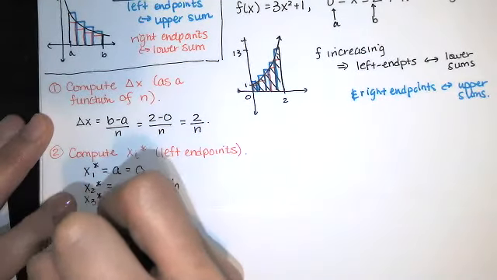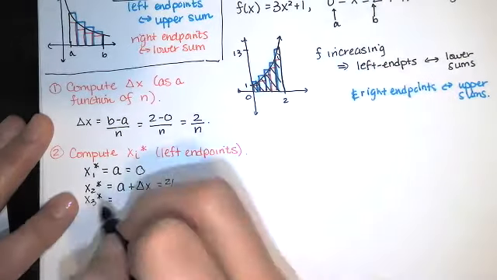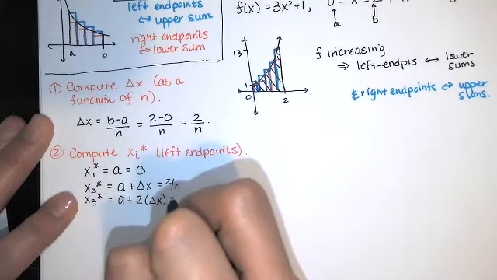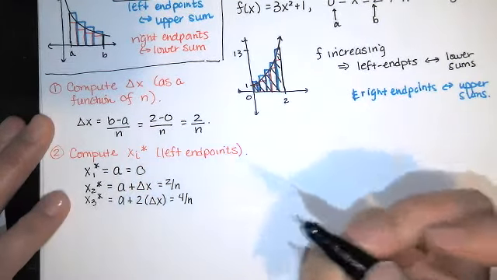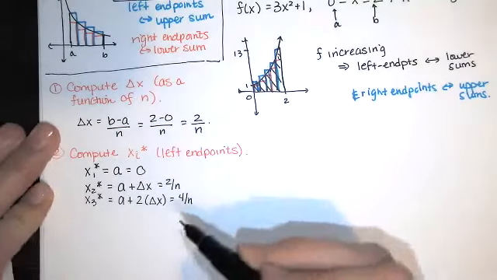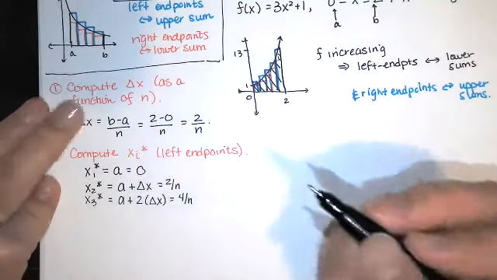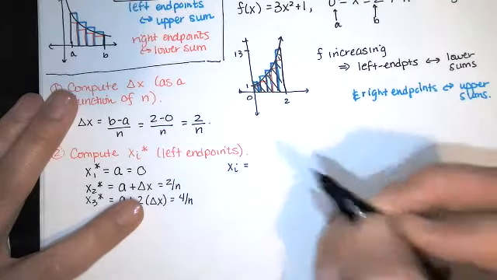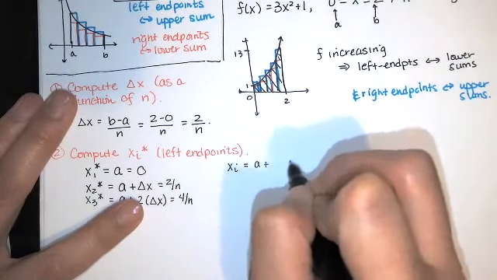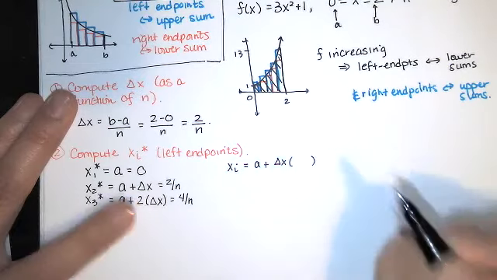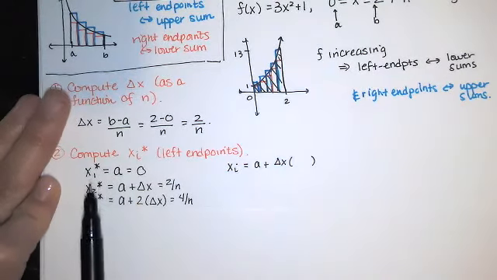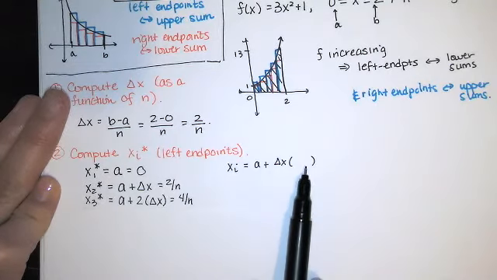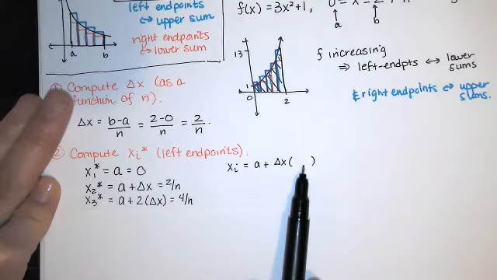To get the third one, do you see that we just add delta x again? Delta x plus delta x is 2 times delta x. So we're going to get 4 over n. So that's the pattern. But in general, do you see what happens? X sub i turns out to be a plus delta x times some number. When i is 1, I actually have a plus delta x times 0 because I haven't added any delta x's yet.